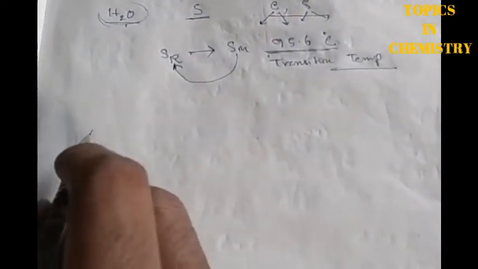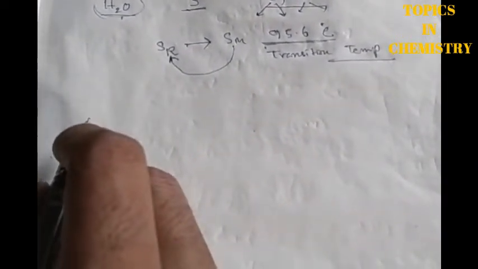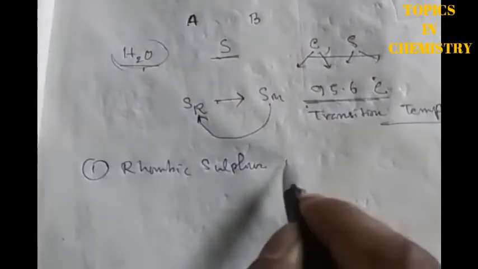As I told you, sulfur can exist in 4 phases. Number 1 is rhombic sulfur. Number 2 is monoclinic sulfur.